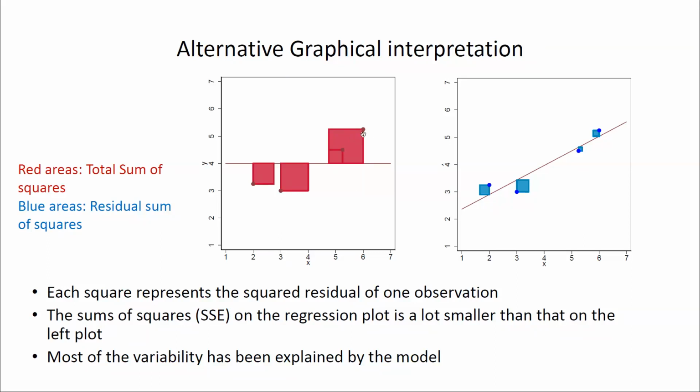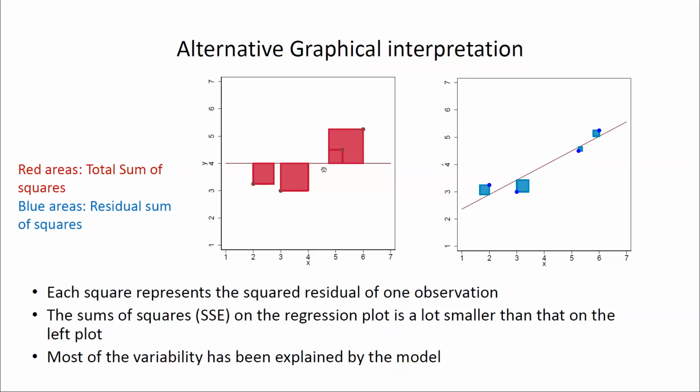And if we now switch over to the other model, the actual regression model, not just the intercept-only model, we see that we can do the same thing. Of course, the predicted values vary. They're not constantly 4. But we still drop down to the prediction line, and then we construct our square. And you see that the sum of the squares here that are still errors are a lot smaller than the sum of the squares over here.